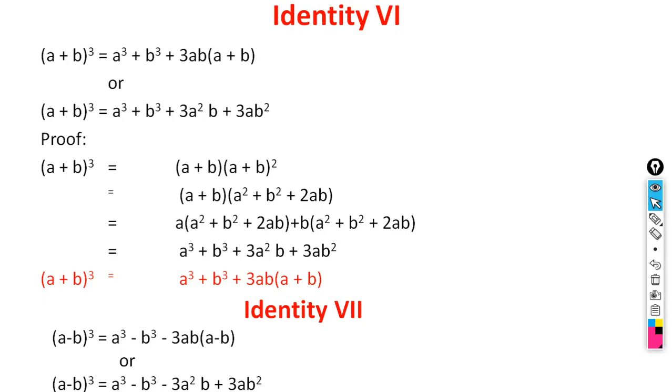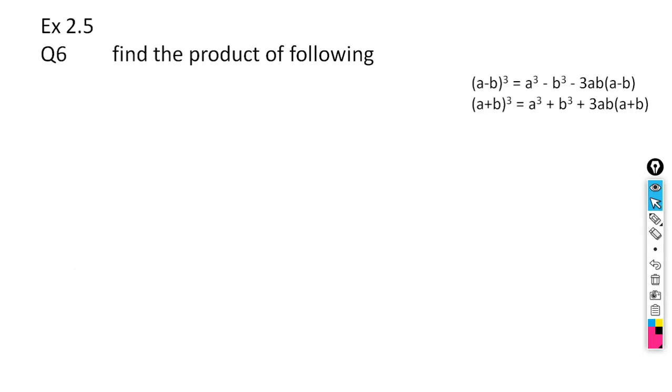We generally discuss two types of problems, one on factorization and second on product. Let us discuss the problems on the product first. For the product problem, we will use either the identity (a-b)³ or (a+b)³. Here is a problem: (2a-3b)³. For solving this problem, we are going to use the identity (a-b)³, where a is 2a and b is 3b.